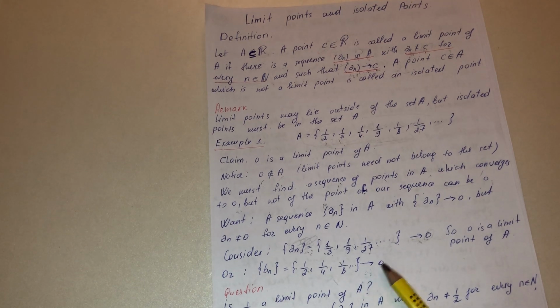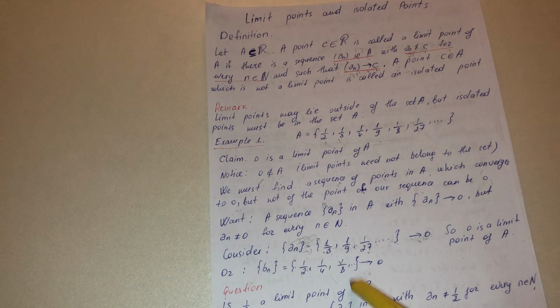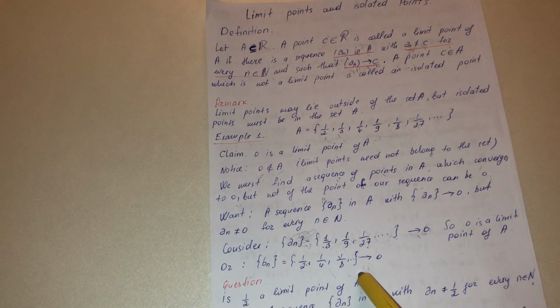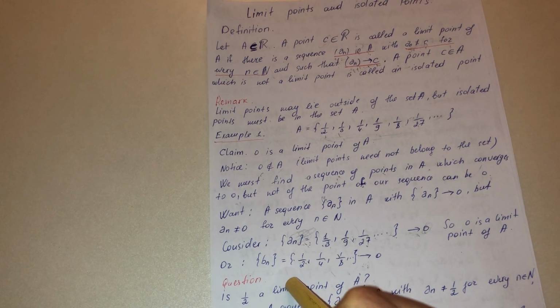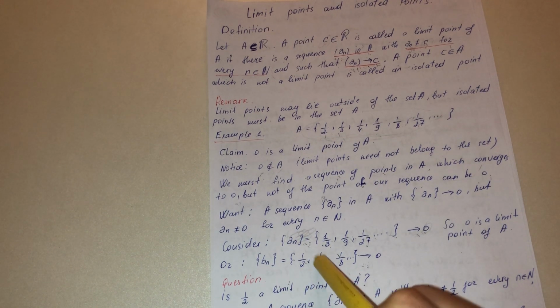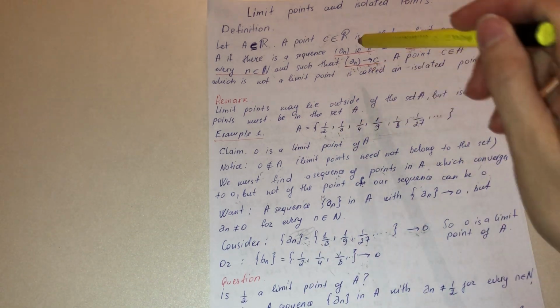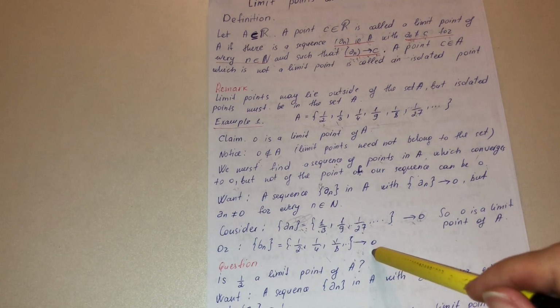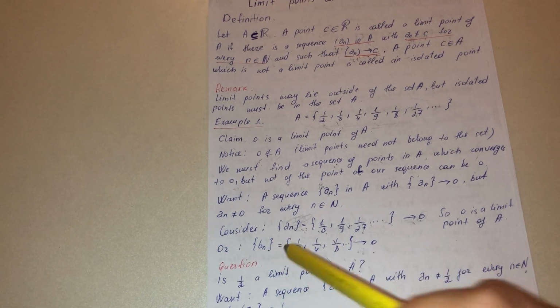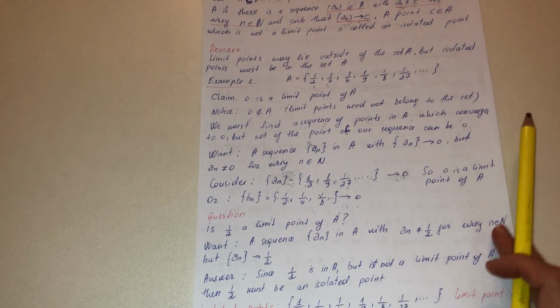So as you see, all three conditions are satisfied, so we can say that the set Bn is a subset of A, and 0 is a limit point of Bn too.